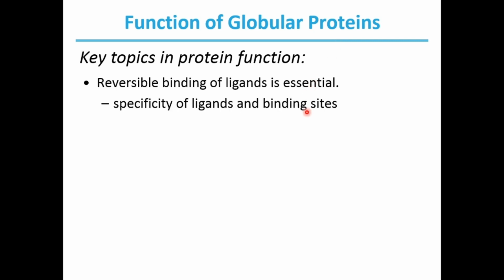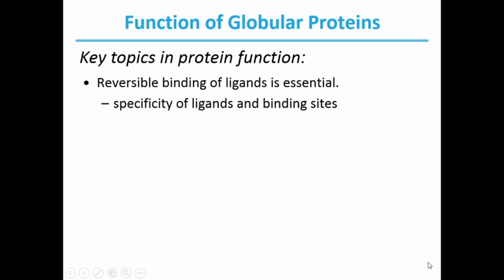Now, when a protein binds a ligand, there is always specificity involved, which means that the site where a ligand binds in a protein, which is called a binding site, is almost always specific for a protein.